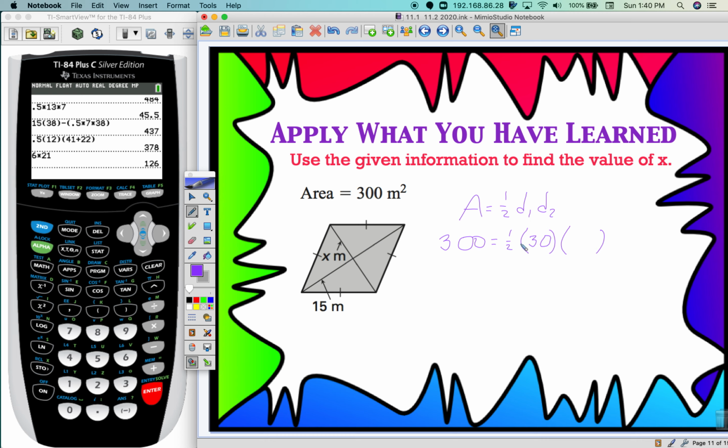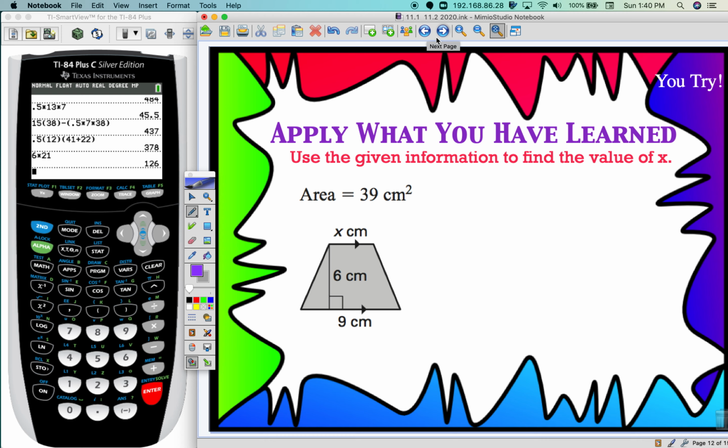The other diagonal is x plus x. And so now you just solve for x. Easy stuff. X equals 10.